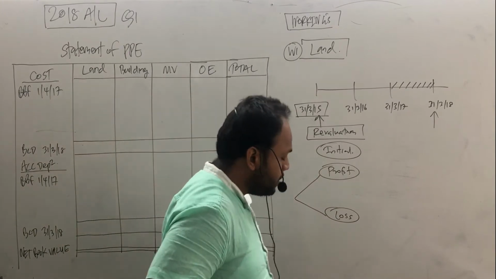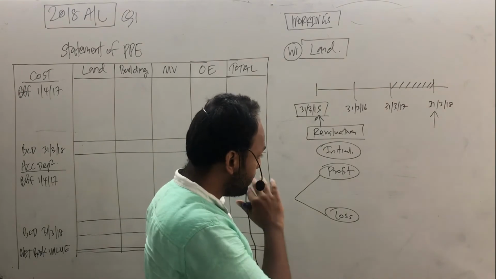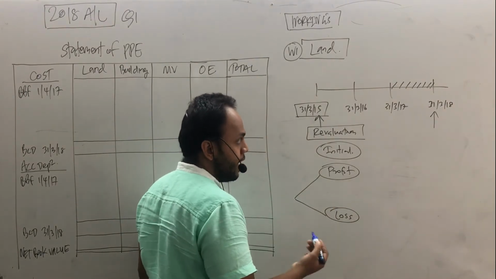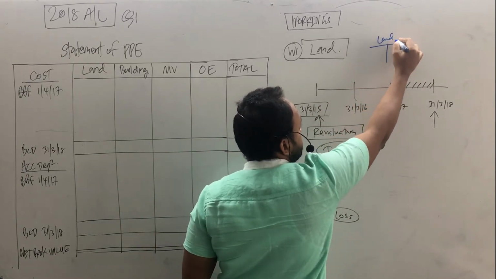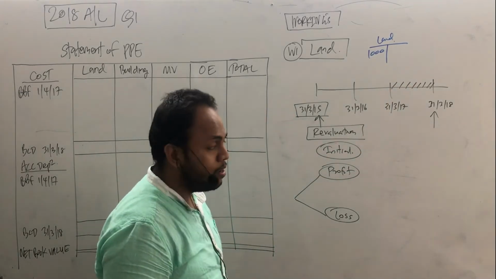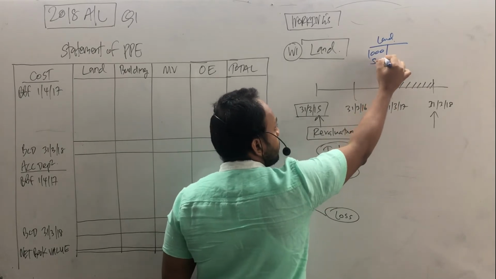When you initially revalue, if it is a profit, what's the double entry? Let's say we had a land value of 1 million. You revalue the land, then the revalued amount is 1,500.